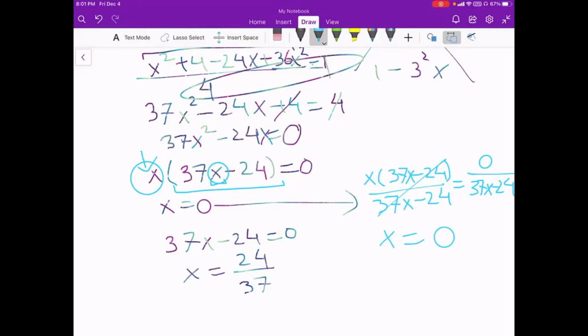So we have to reverse our way, because in our first part, we got rid of this part. And now to solve for this x, I have to get rid of this x in there. In order to get rid of that x, I have to divide both of my sides by x.